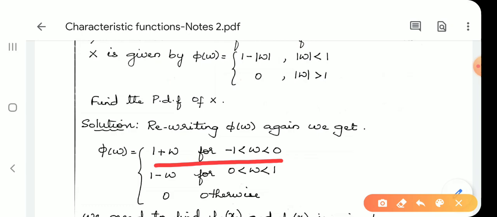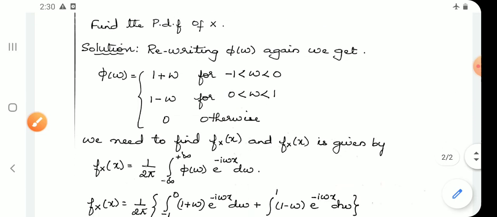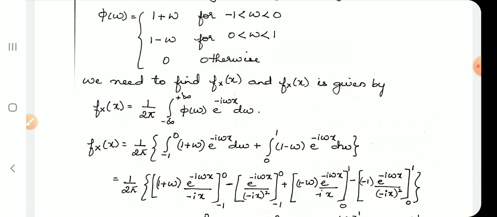I told you mod of omega becomes minus omega between the interval minus 1 to 0. Similarly, mod of omega becomes plus omega in the interval 0 to 1. So next it becomes 1 minus omega for 0 less than omega less than 1, 0 otherwise. Now take the equation to solve fx of x.